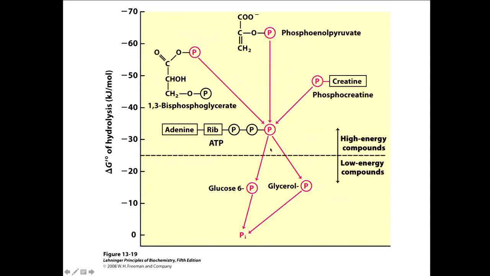So that's all what this is talking about. And we have a somewhat arbitrary cutoff here. We think of ATP and these other molecules as high energy compounds, and other things down like glucose 6-phosphate has a phosphoryl group, but it's not really going to hand it off to ATP too often. So we tend to call these low energy compounds.